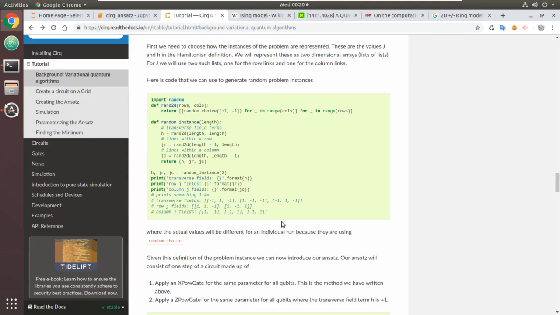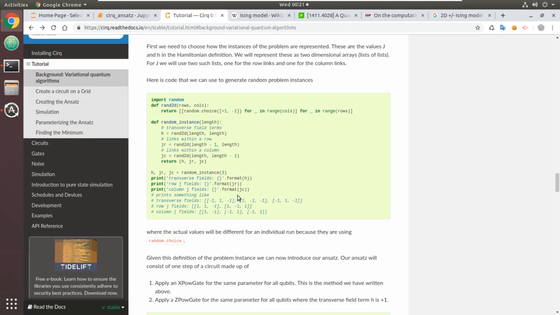So maybe these are just the interactions. Row, but then links within a row. But why are there only 2 elements then? There are 3 rows and 3 columns, right?